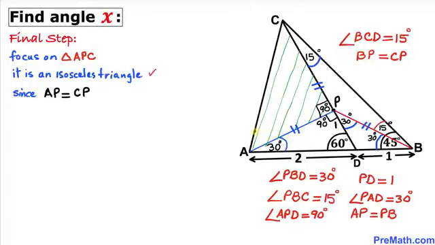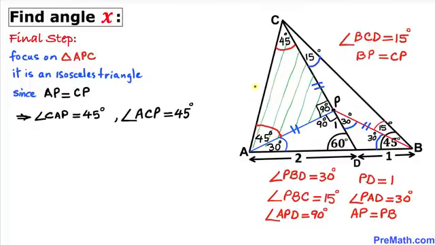So therefore, we conclude that this angle has got to be equal to this angle. So these two angles, angle CAP and angle ACP, are 45 degrees each, and we can see that the sum of the angles in this triangle APC is 180 degrees as well.